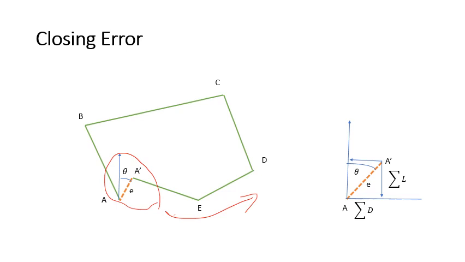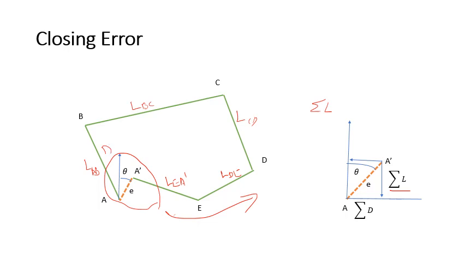If you find the latitude of line AB, BC, CD, DE, and EA dash and add them up, that is called sigma latitude. It has to become 0 if your A dash is coinciding with A. Otherwise, you will have a value delta L.